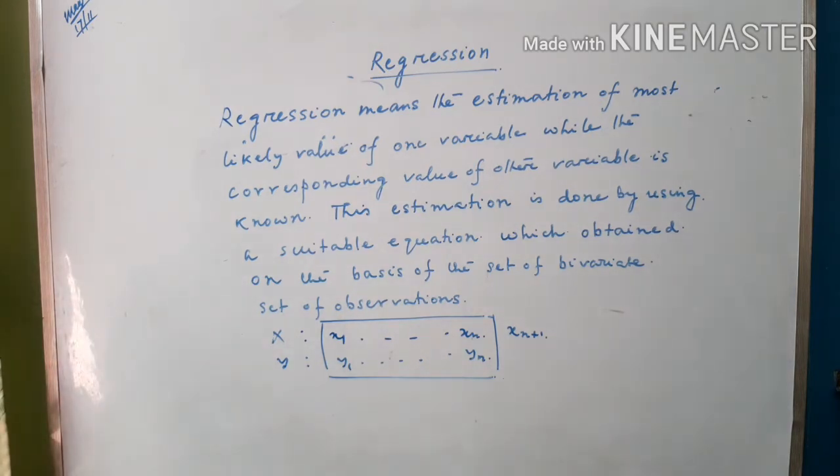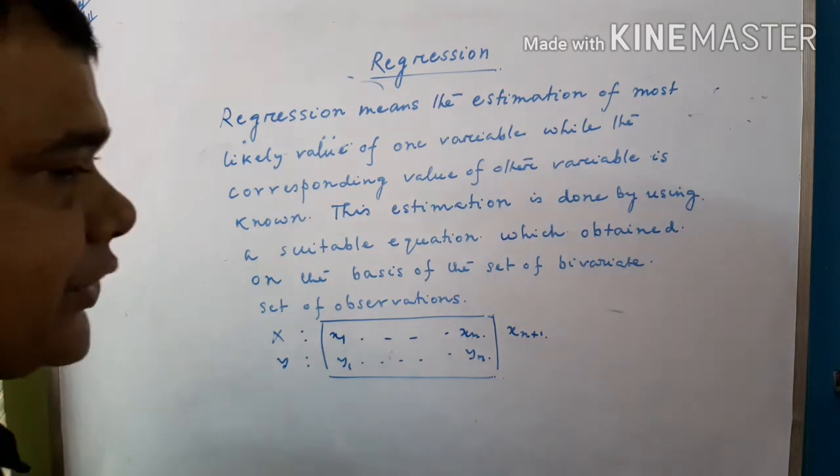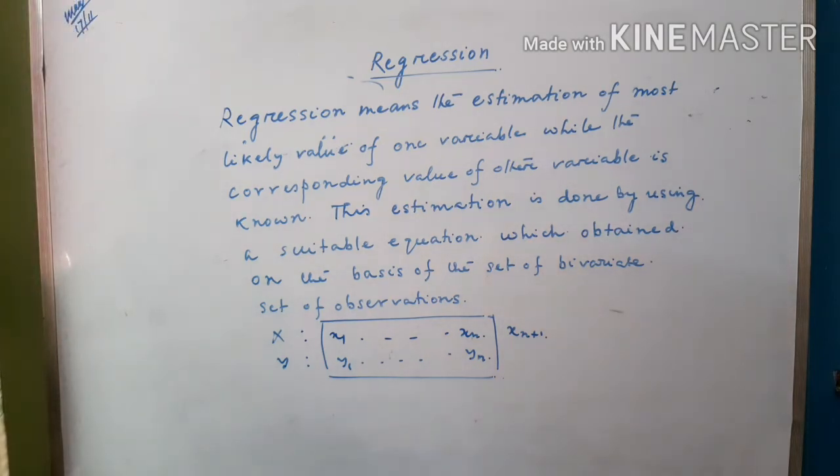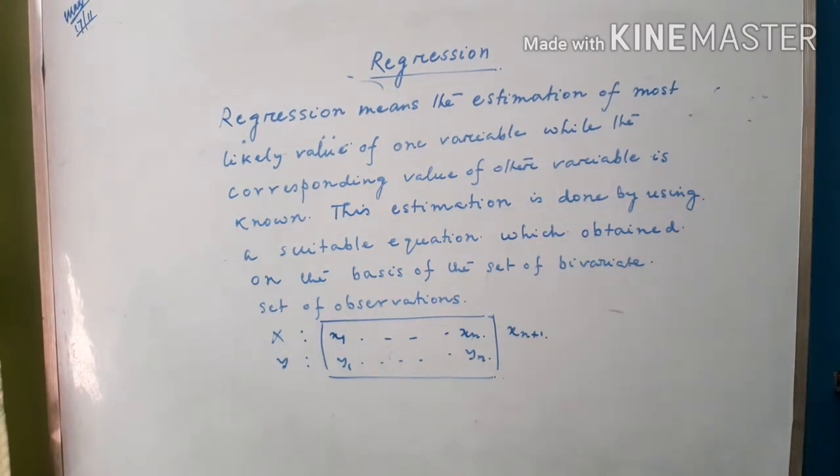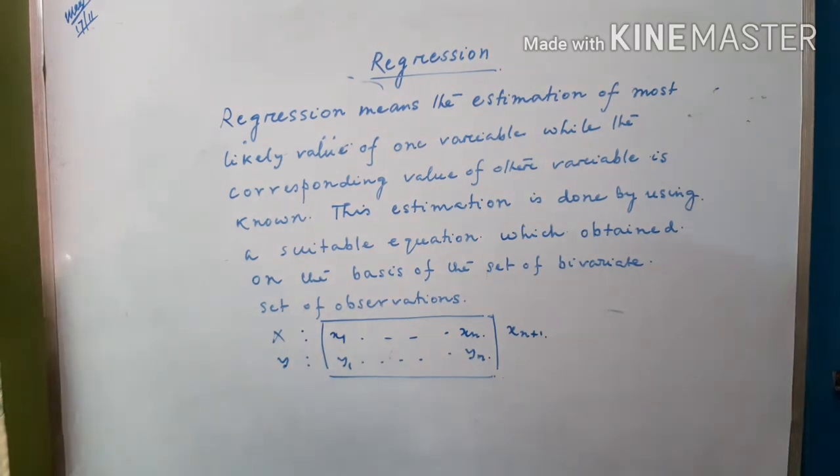So clearly there are two cases. We may need to find out the value of x when y is known, or we may need to find out the value of y when x is known. Clear? So there are two regression equations also.